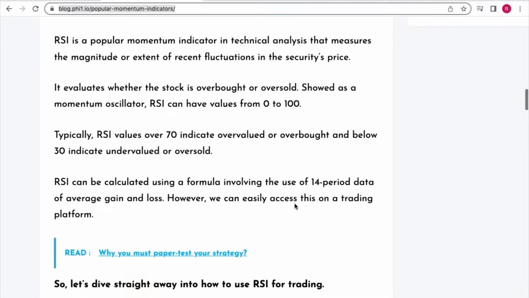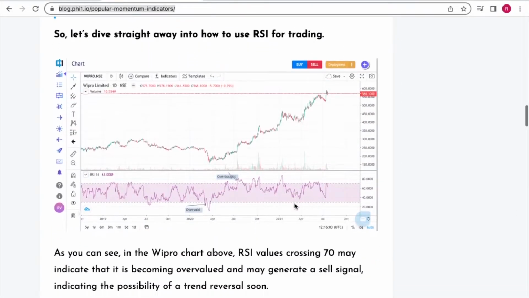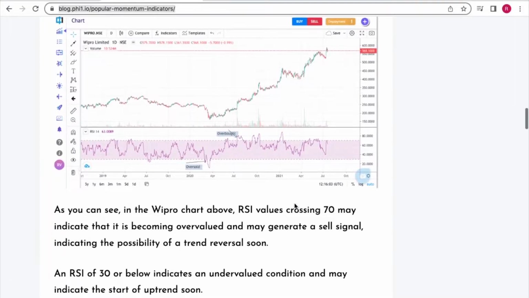RSI, or the relative strength index, as you may know, is a measure of the strength of movement of a security's price. That said, it does not help you figure the direction, but simply the strength of the direction or the trend of the stock price's movement. Now you may also know that RSI is plotted between values 0 and 100.